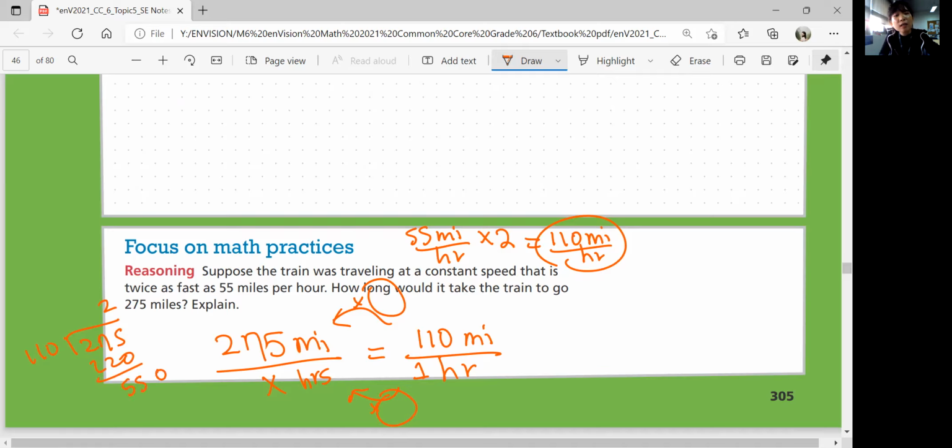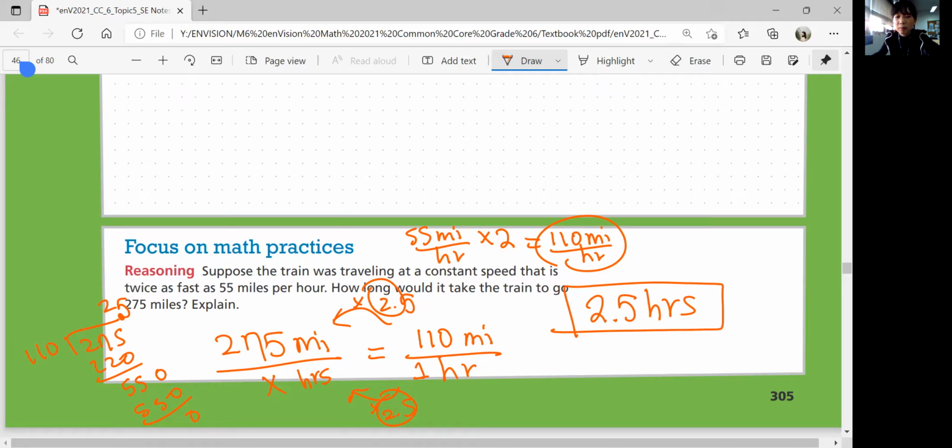So that's exactly 5 times 110. And you have a decimal point here. So this is going to be 2.5. 110 times 2.5 is 275. So you multiply 1 by the same thing and you get 2.5 hours.